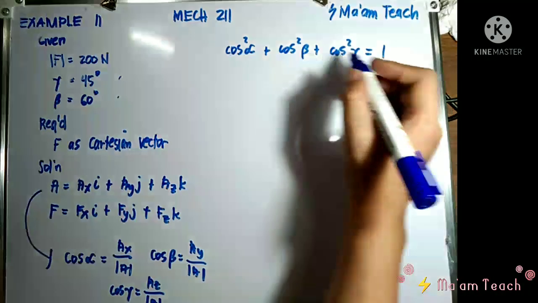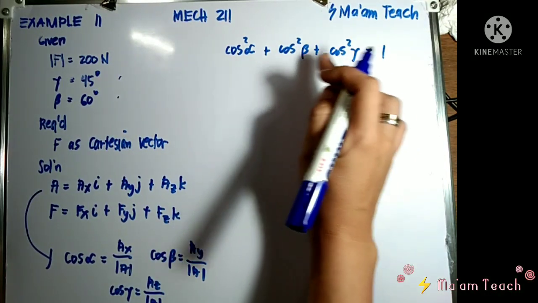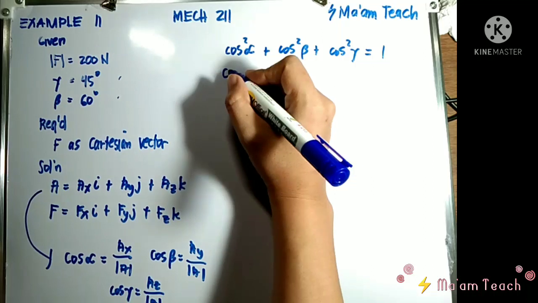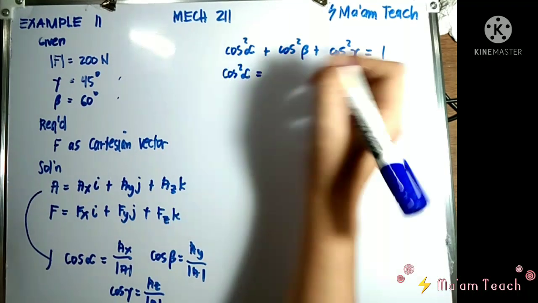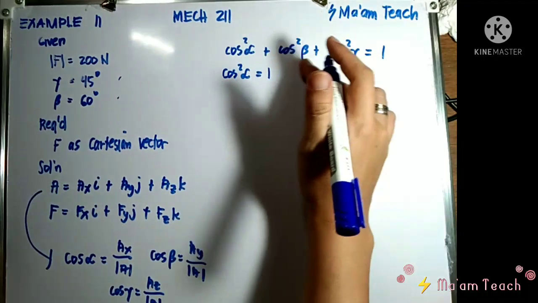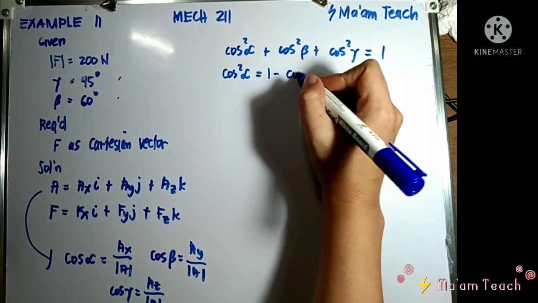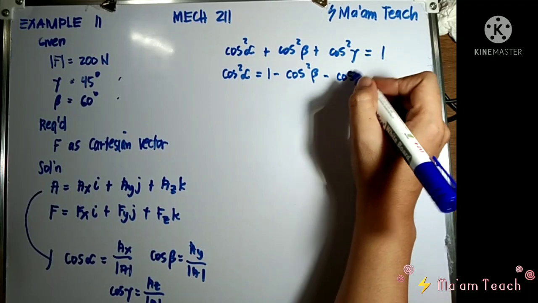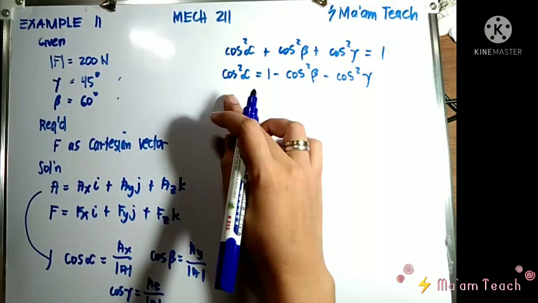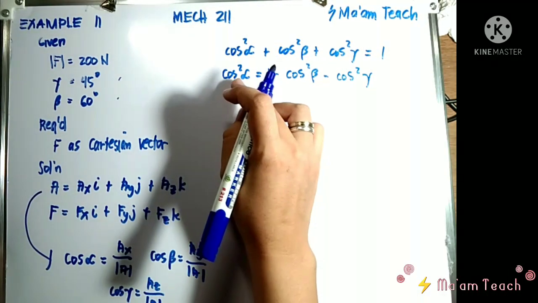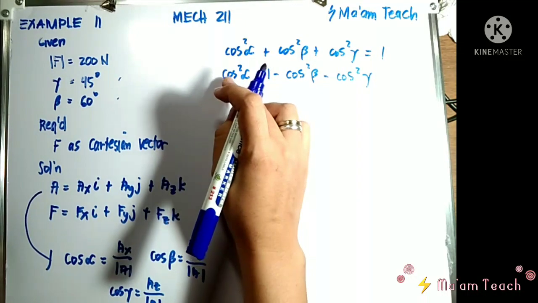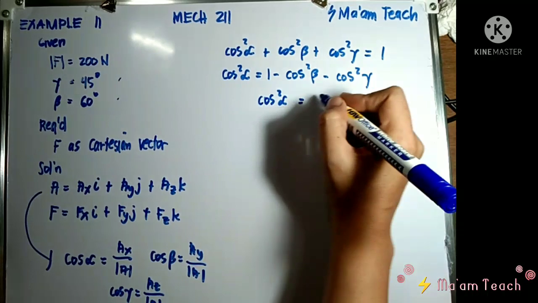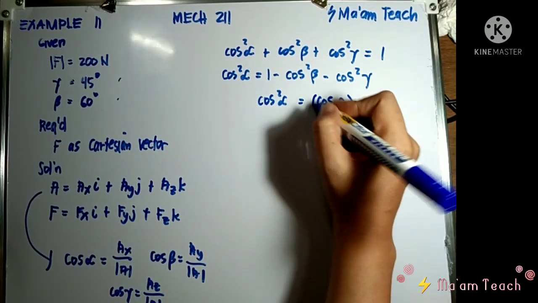How? Transposing cosine squared beta and cosine squared gamma to the right side of the equation, our equation will become 1, and this will become negative, so minus cosine squared beta. This will also become negative, so minus cosine squared gamma. In order for us to have alpha only, recall that cosine squared alpha is simply cosine alpha squared.